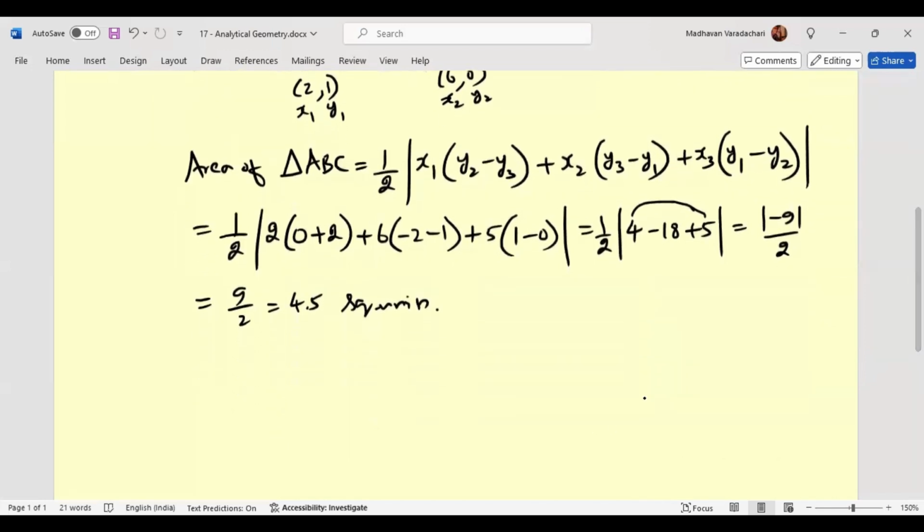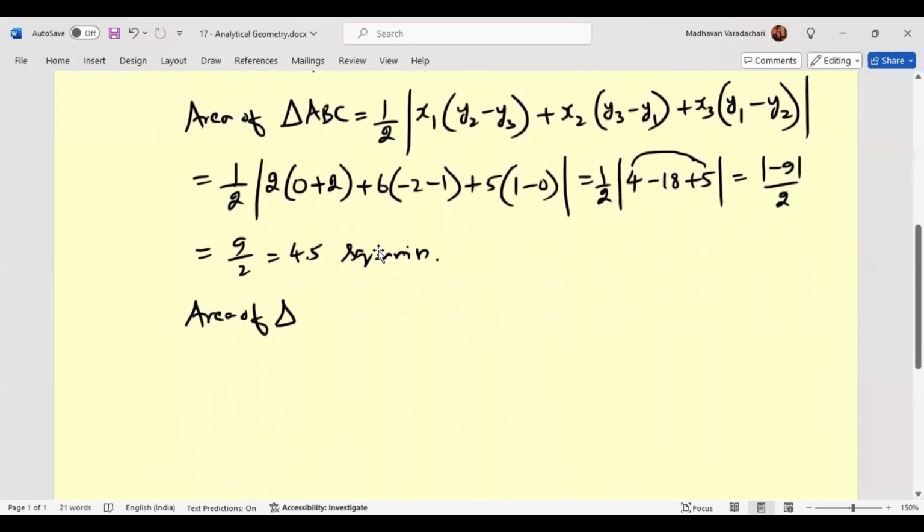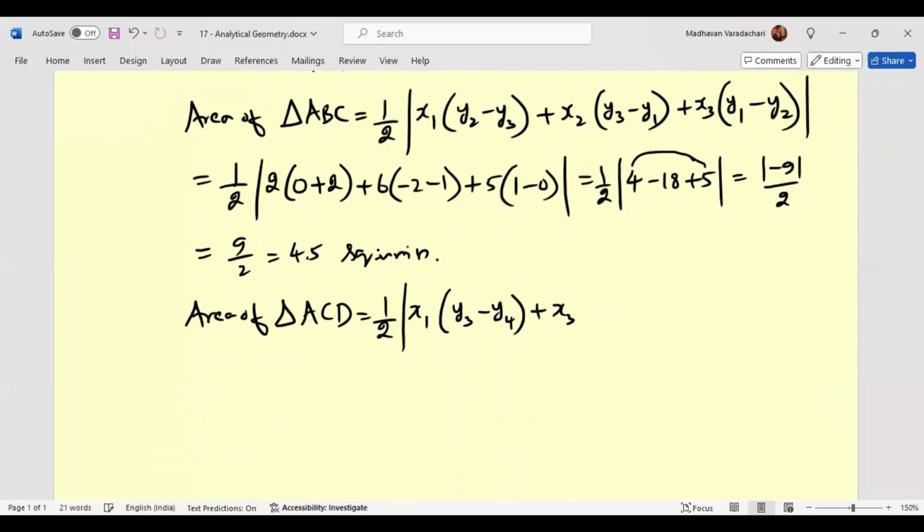Now, let us find out the area of the second triangle, ACD. So here we don't have x2, y2. Accordingly, we'll write the formula: x1 times (y3 minus y4) plus x3 times (y4 minus y1) plus x4 times (y1 minus y3) under modulus.